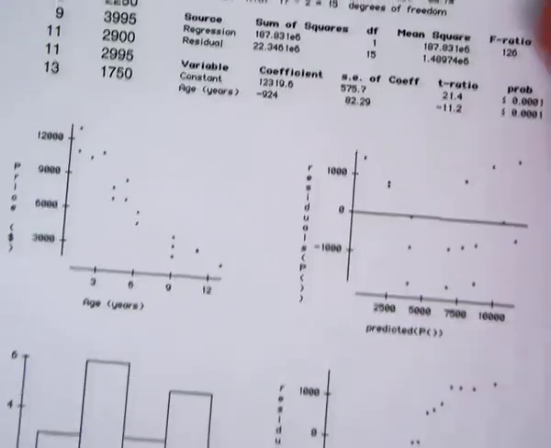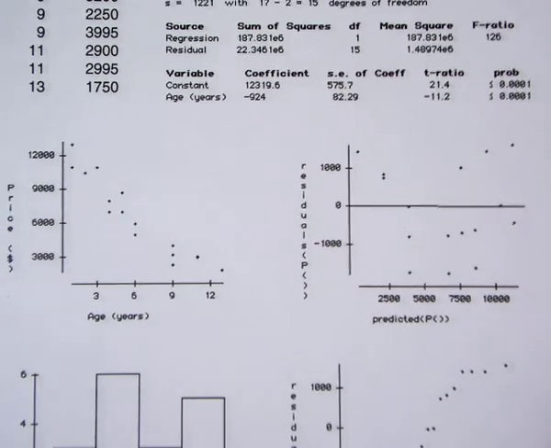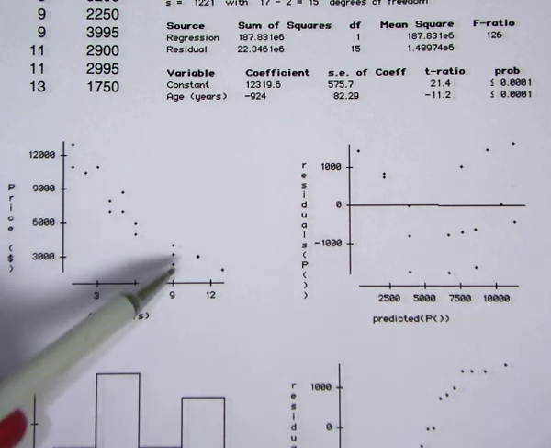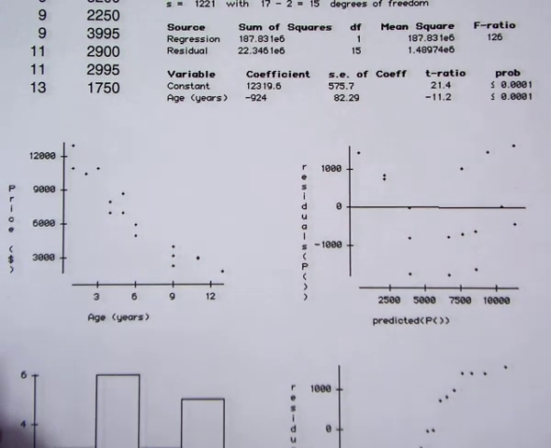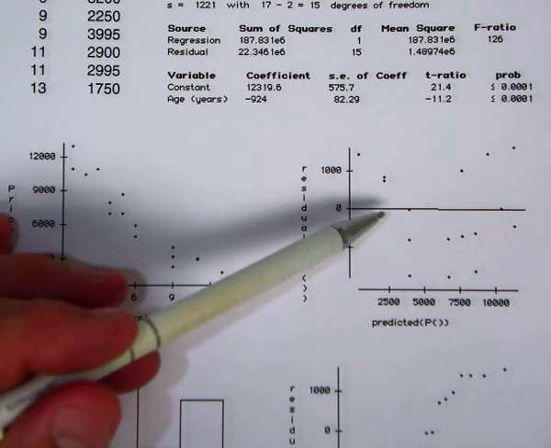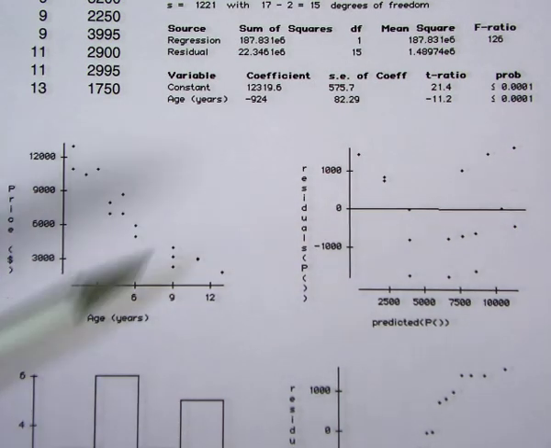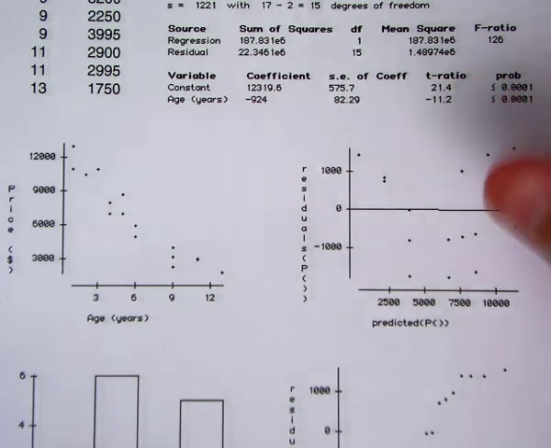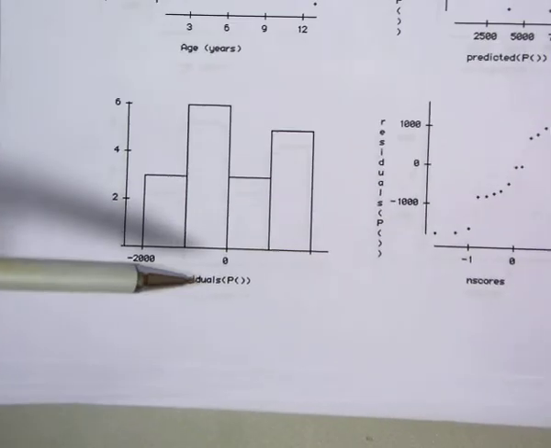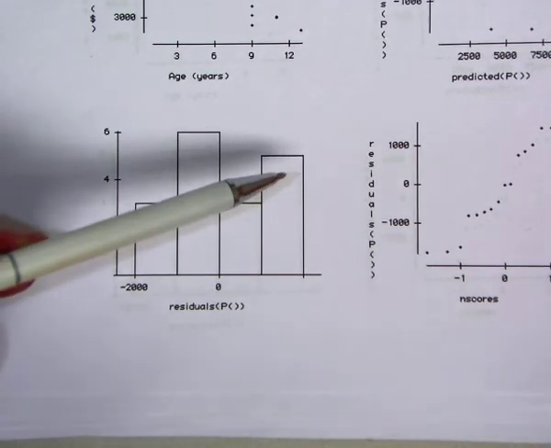There's your graphs. Okay. So, is this straight enough? There's a little curve to it, but it's straight enough to proceed. My residual plot does not show a pattern, and my histogram down here of the residuals is roughly unimodal and symmetric.